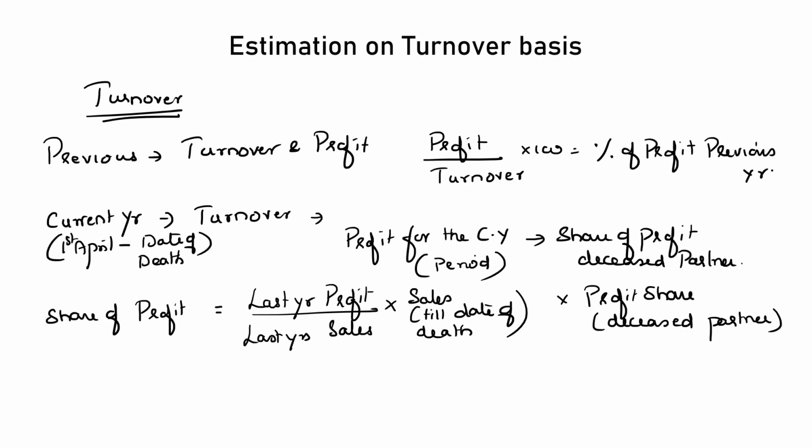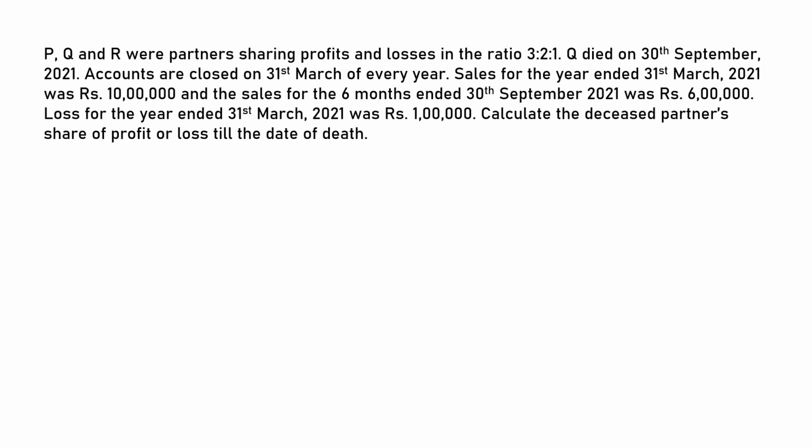So let us understand this particular concept using an example. Look at this example. P, Q and R were partners sharing profits and losses in the ratio 3:2:1. Q died on 30th September, so he was alive for 6 months. Accounts are closed on 31st March of every year.